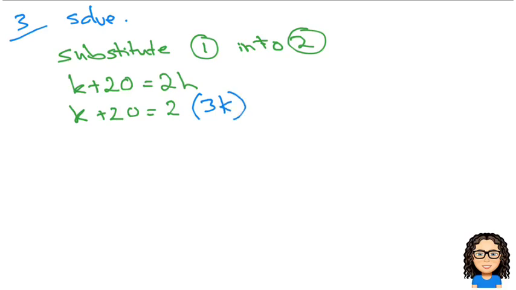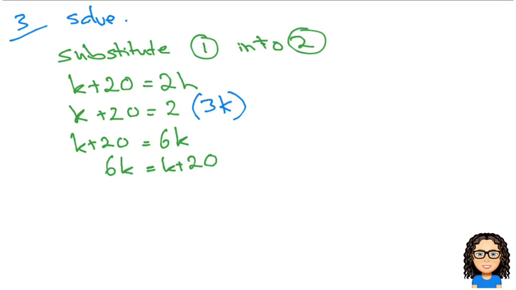So I've substituted in. Now, let's expand out the brackets. K plus 20 equals 2 times 3k gives me 6k. Now I need to rearrange. I want all the k's on the left-hand side and all the numbers on the right-hand side. And in fact, I'm just going to flip this whole equation around. So 6k equals k plus 20.